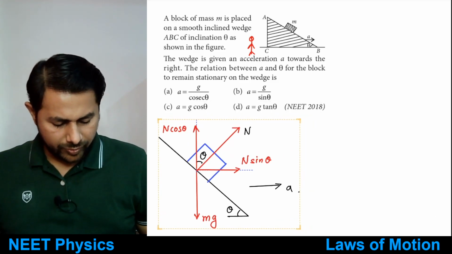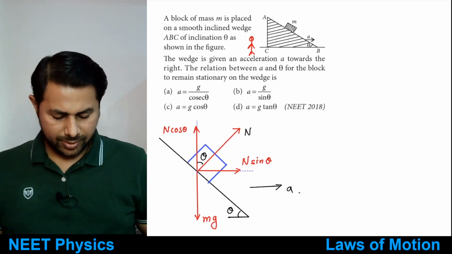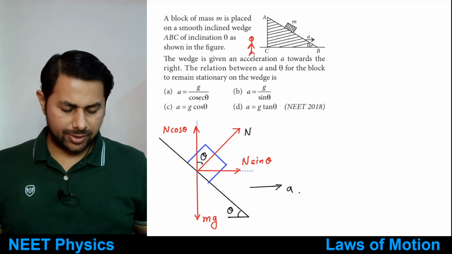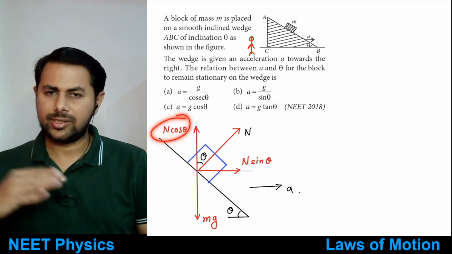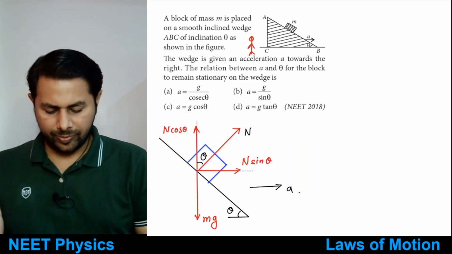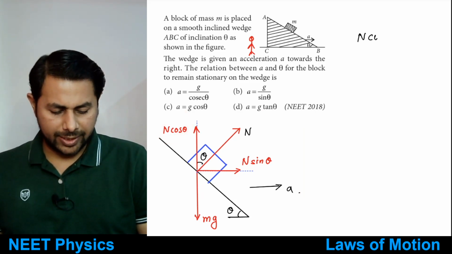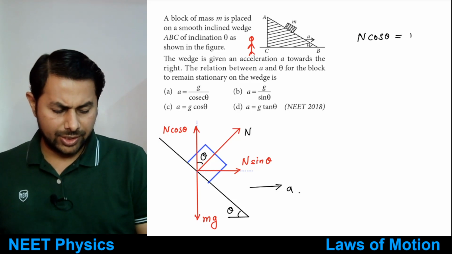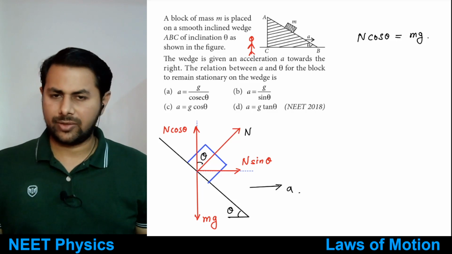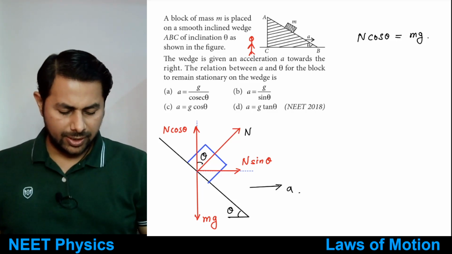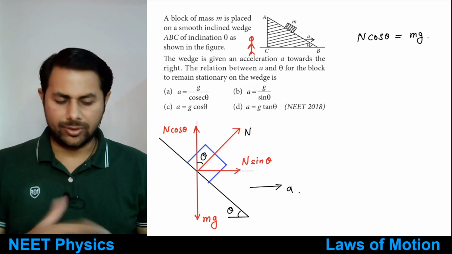Now once he resolves the forces, it's very clear what the vertical component must do. The vertical component of normal reaction, N cos theta, just supports the weight. It balances the weight. So N cos theta is equal to mg. Then what does the horizontal component do?